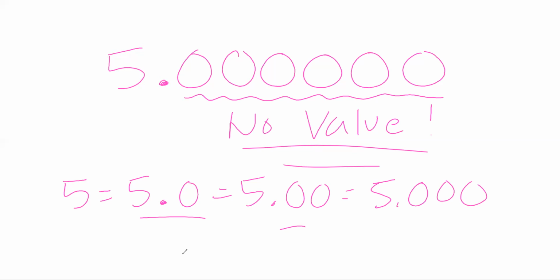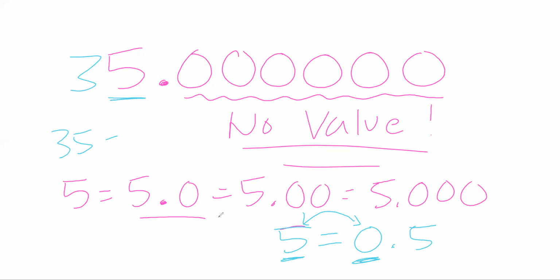Could I write it like this? No, because look, here's the ones place, here's the ones place. That's not the same value. So as long as we keep something in the ones place or even in the tens place, if I had 35, I could write that as 35 and 0 tenths. That would be my way of writing an equivalent.